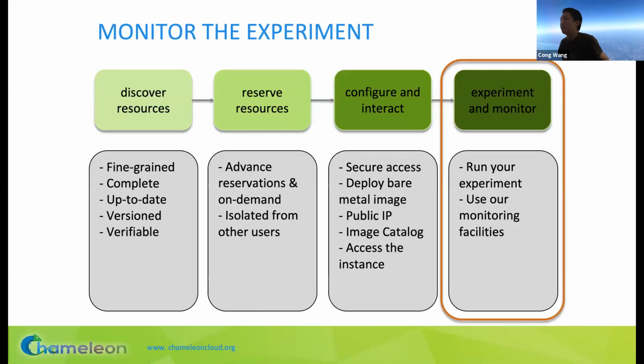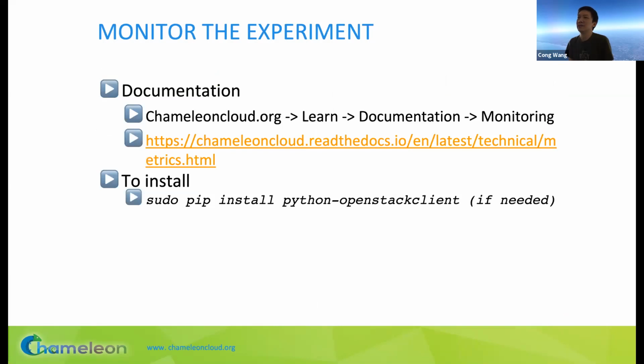And finally, we can run our experiment. I will show you how to run your own experiment and how to use the monitoring facilities of Chameleon using OpenStack. The documentation is here.